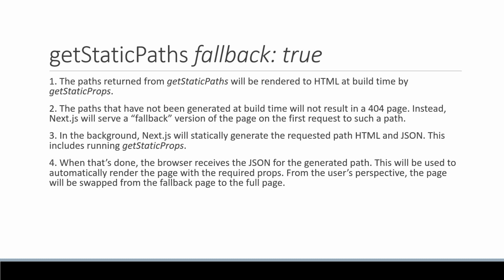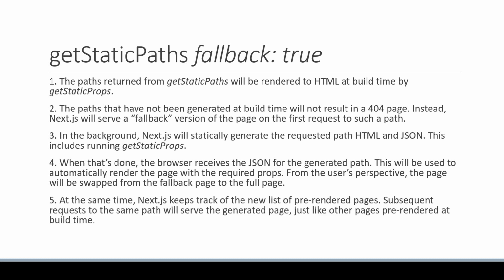From the user's perspective, the page will be swapped from the fallback page to the full page. At the same time, Next.js keeps track of the new list of pre-rendered pages. Subsequent requests to the same path will serve the generated page just like other pages pre-rendered at build time.